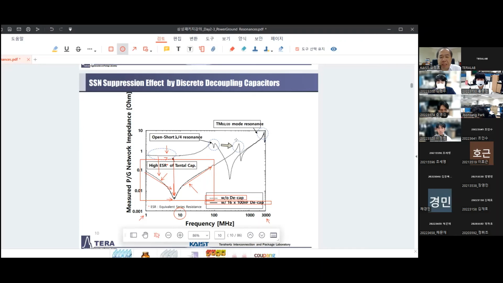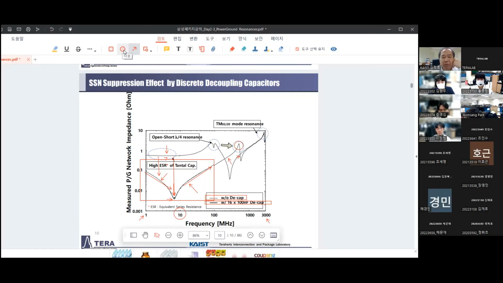Also, we see another resonance frequency. This resonance is generated by the interaction of the decoupling capacitor inductance with the PCB capacitance. The PCB has a multi-layer structure, so it has a certain amount of capacitance, and that capacitance interacts with the decoupling capacitors.